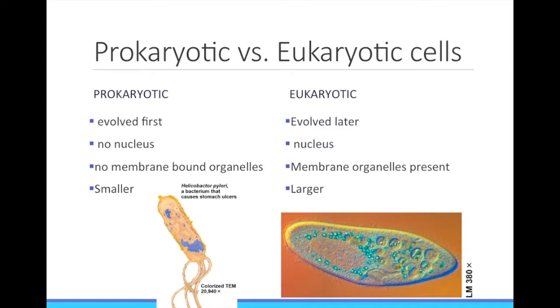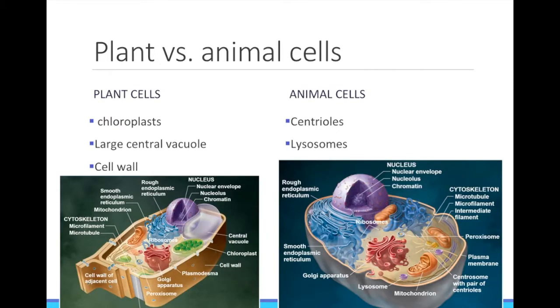We're going to focus on plant and animal cells for the rest of the chapter. These are eukaryotic cells. Plant and animal cells have a few key differences that I want to highlight. There are specific organelles that appear only in plants or only in animals that help us show the kind of functional differences between these types of organisms.